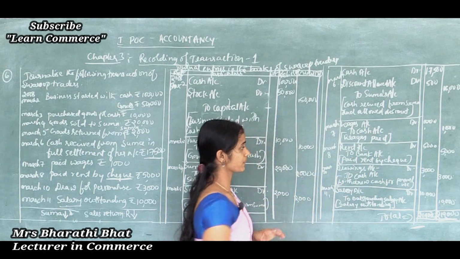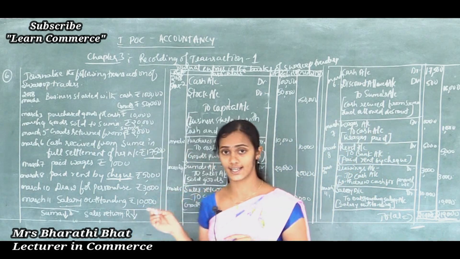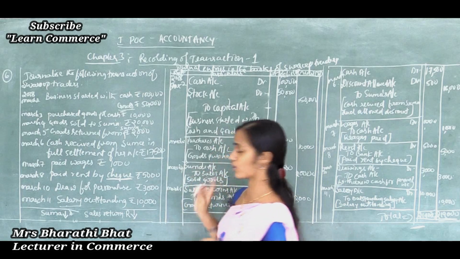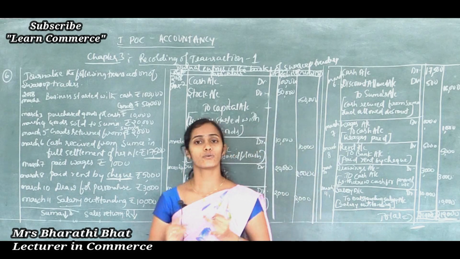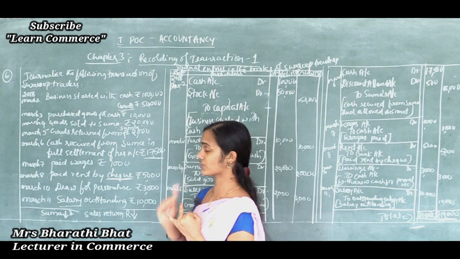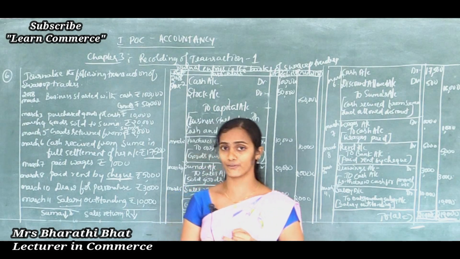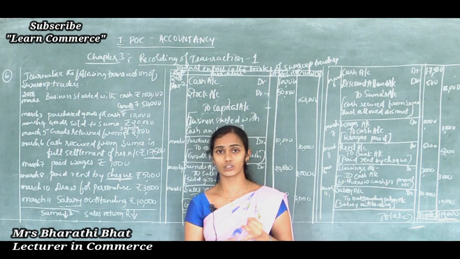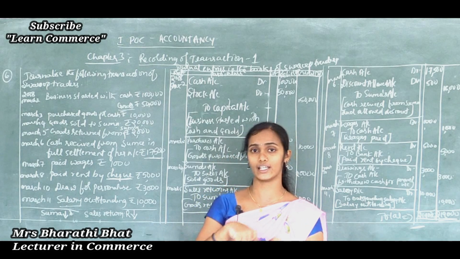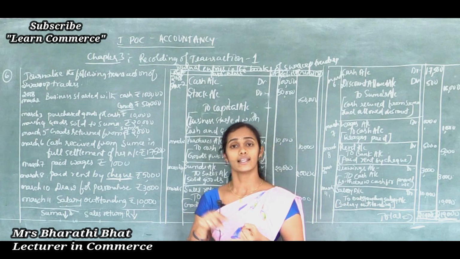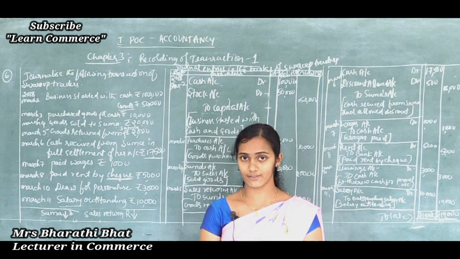So this is the process to record the transaction in the book of journal. Firstly, we should analyze the transaction. We should read the question carefully. After that, we should find out the accounts involved in each transaction. Then we need to classify the account.